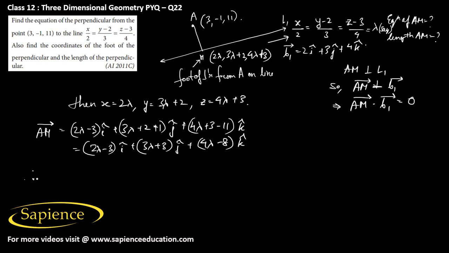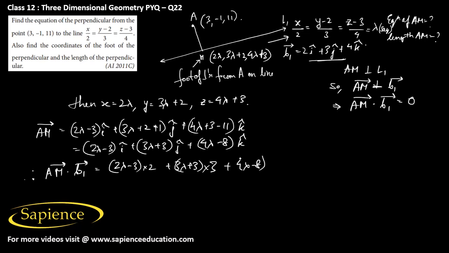Now we need to find AM vector dot B1 vector. That should be equal to (2 lambda minus 3) into 2, plus (3 lambda plus 3) into 3, plus (4 lambda minus 8) into 4, and that should be equal to 0.